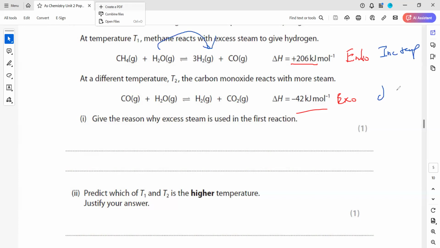But for an exothermic reaction, if you want to shift the equilibrium towards the right-hand side, it prefers low temperature. So T2 should be less and T1 should be greater. And you can also mention, because the forward reaction is endothermic.